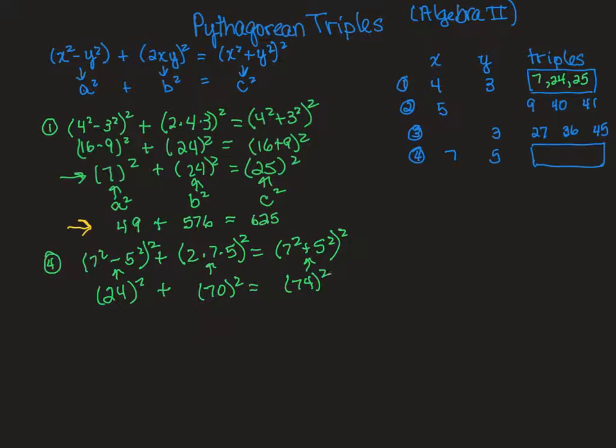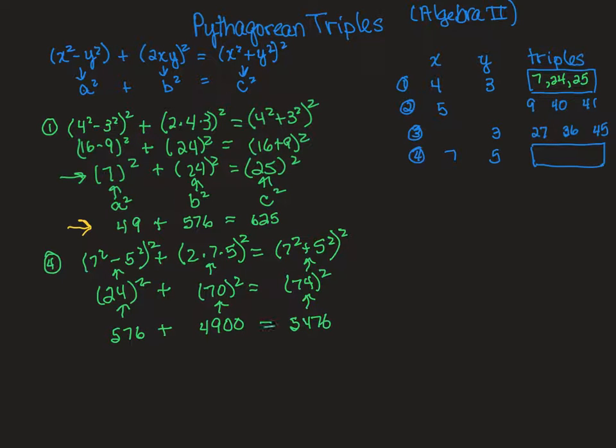If I'm right, these should add up. This should be A, this should be B, and C should be the sum of their squares. I have 24 squared, which is 576, plus 70 squared, which is 4,900, and 74 squared is going to be 5,476.